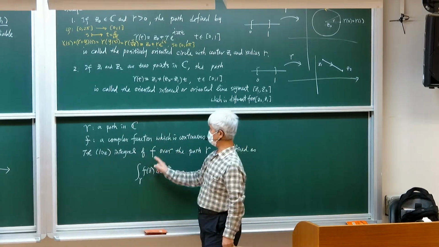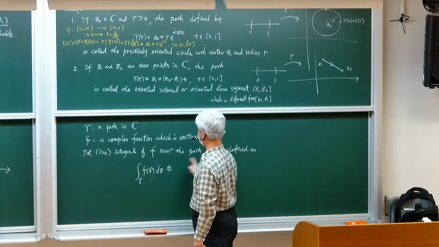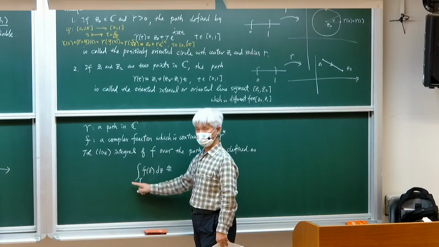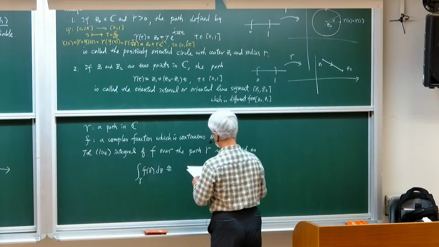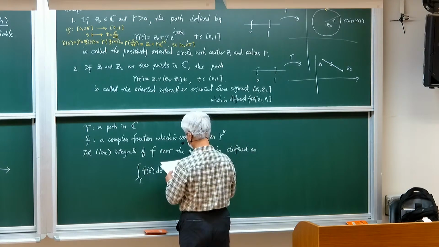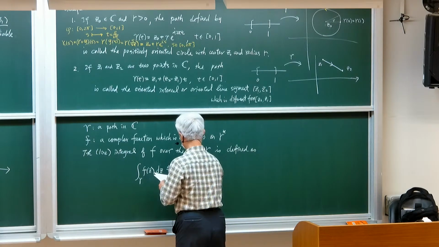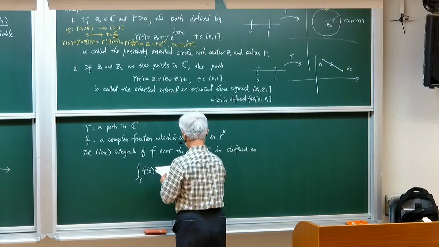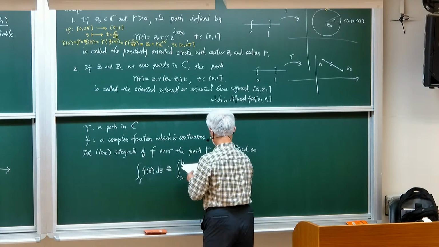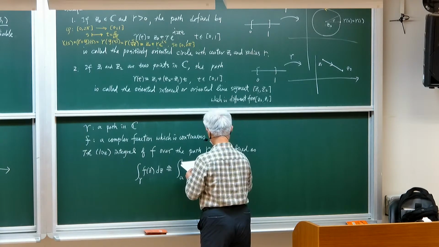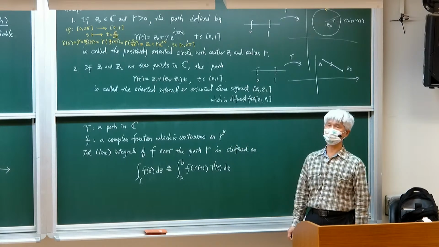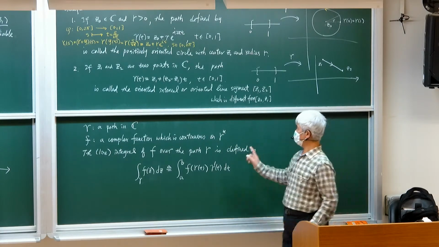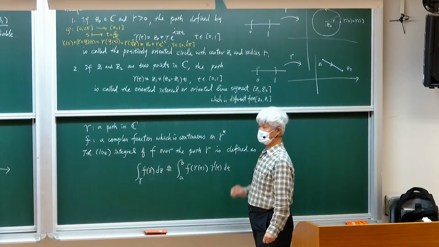The integral of f over the path gamma is just notation. This line integral is defined in terms of the parameterization: the integral of f(gamma(t)) gamma prime(t) dt. So we need a derivative.